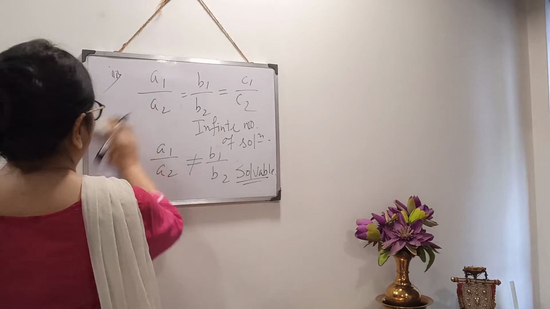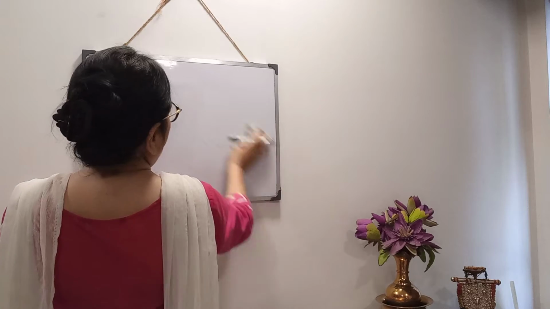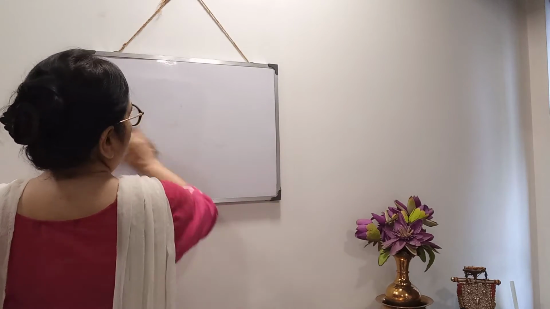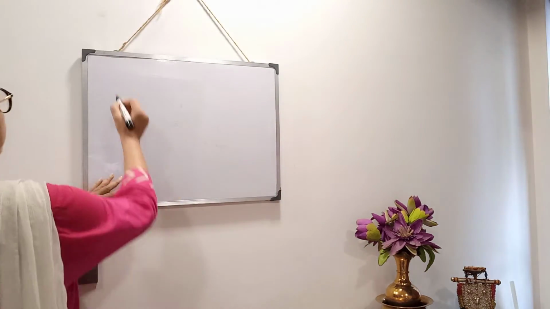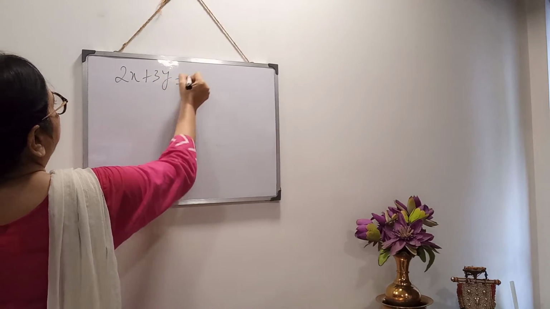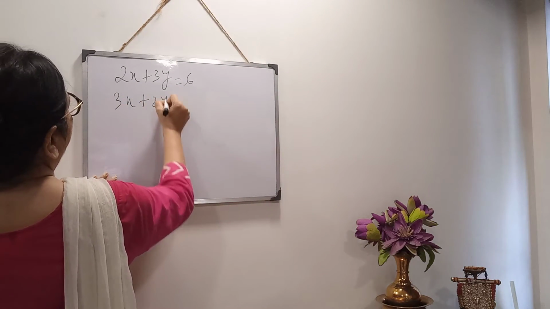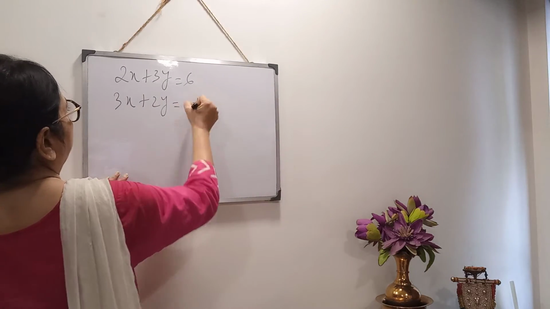See, everything you will get in PDF, from there you will copy. Okay, suppose there is given this one example. For example, 2x plus 3y equals to 6, one linear equation. Another is 3x plus 2y equals to minus 1. Clear?